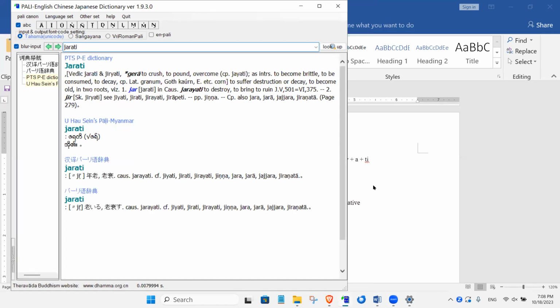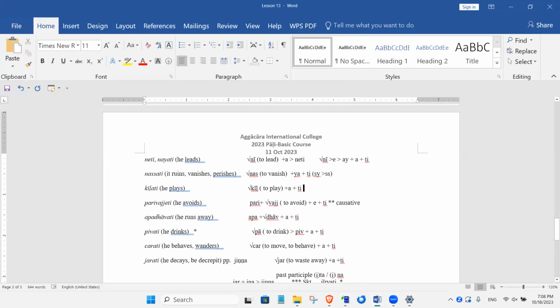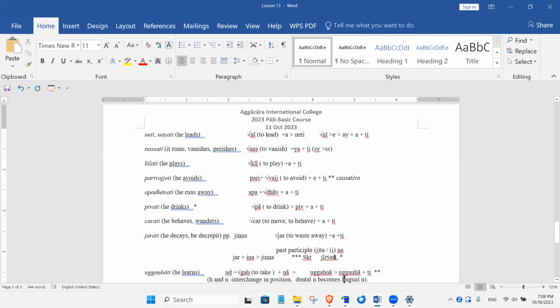Okay. So let's say, I didn't get it just now. Jar. Yeah. No, Sanskrit is Jiyati. Later I'll send it to you. Okay. Let's say if we don't want to use the ina, so we use the Sanskrit ji plus na becomes Jina. Then this is also good. If you want to know the long i, how to get Jina: j-i-r, long i.